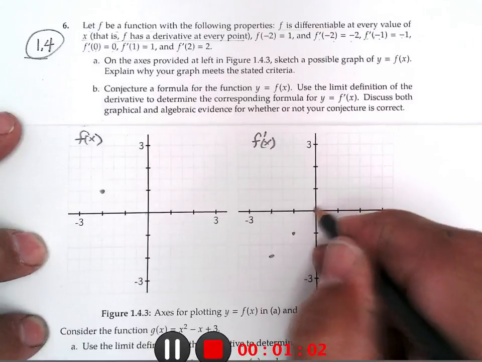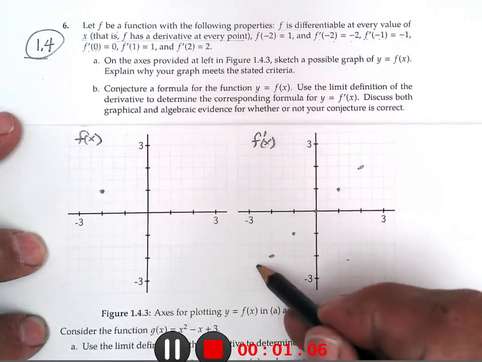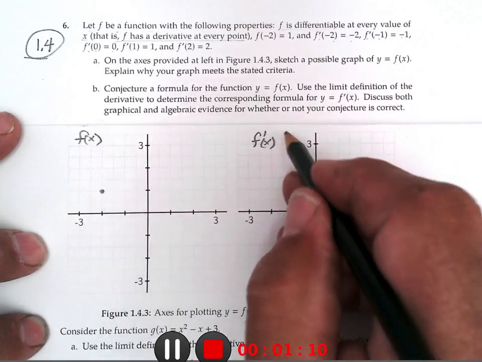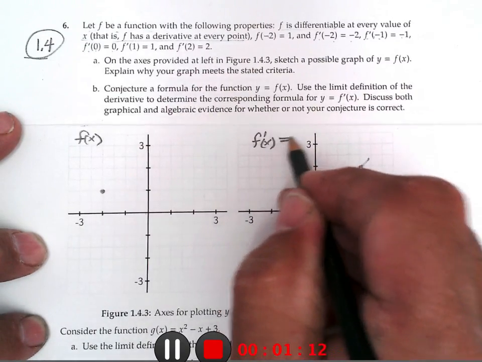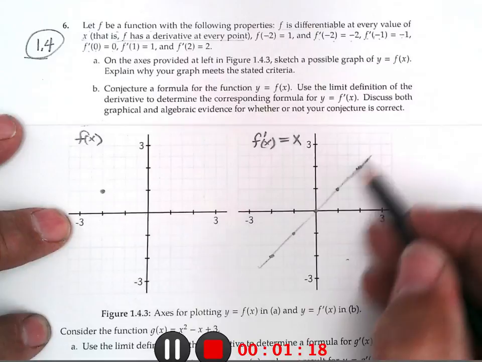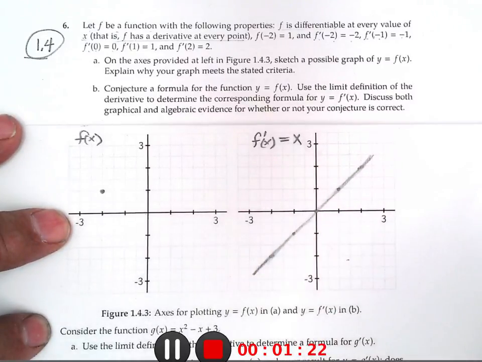And then 1 and 2. So f prime of x is equal to x, it looks like. It might do strange things in between, but in general, the pattern is y equals x. Okay?